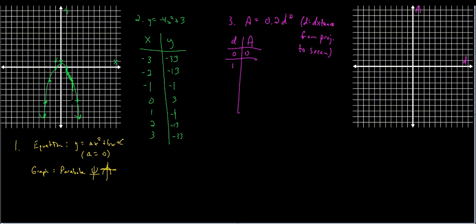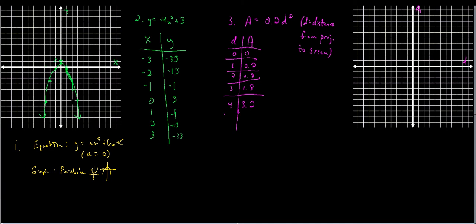1 squared is 1, 0.2 times 1 is 0.2. 2, we have 2 squared is 4. 4 times 0.2 is going to be 0.8. 3 squared is 9. 9 times 0.2 is going to be 1.8. 4, we have 4 squared is 16 times 0.2 is going to be 3.2.